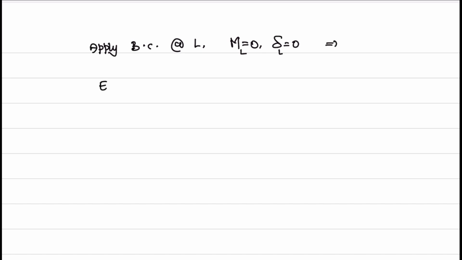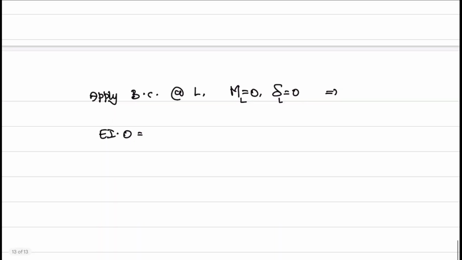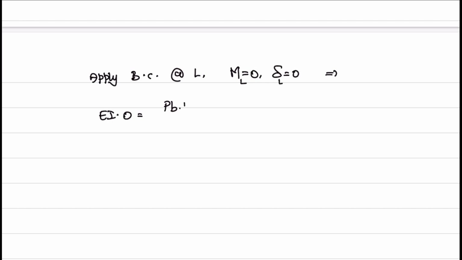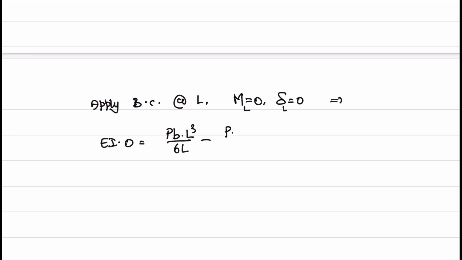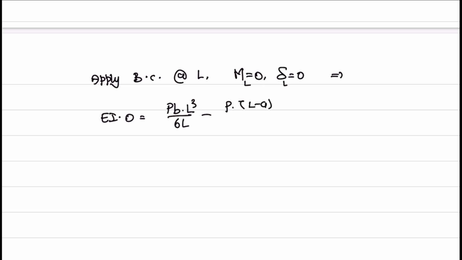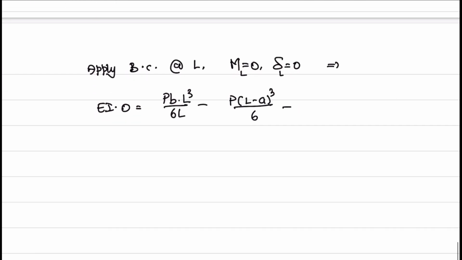That means EI into delta L is equal to 0. And the second equation becomes PB into L cube by 6L minus P into L minus A whole cube by 6 plus C3 into L.